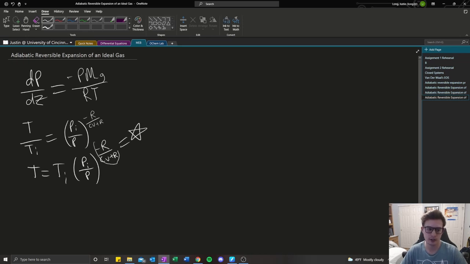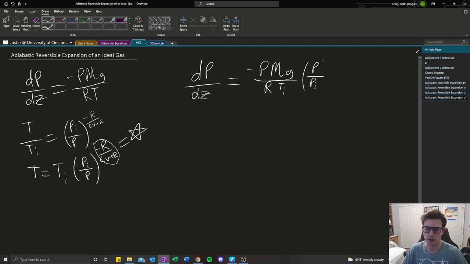Now let's plug our equation into the other equation. We've got T initial, and because this is in the denominator, we flip this, so we get the pressure over the initial pressure raised to the star.